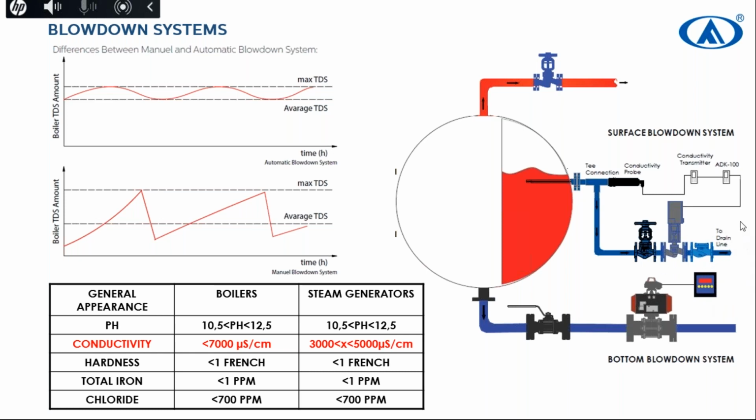And you can use this flash steam maybe in the deaerator. And the bottom blowdown system should also be automatic, and it should generally be 3 seconds per working period. It means 3 seconds for 8 hours.